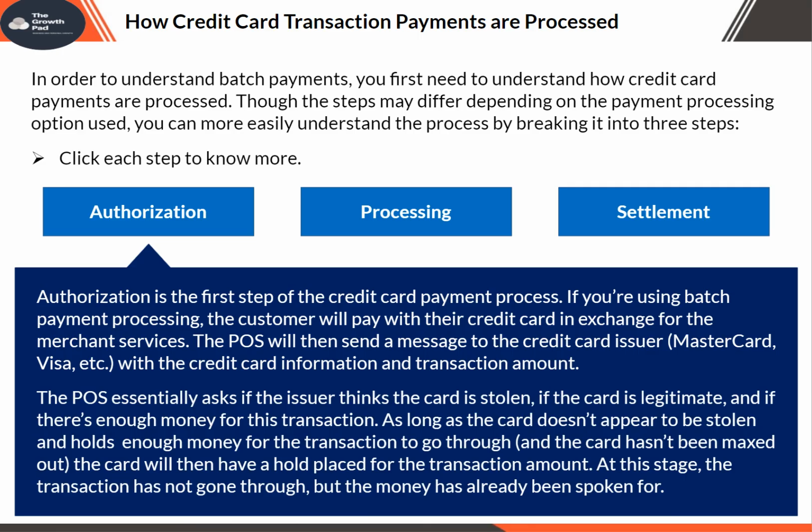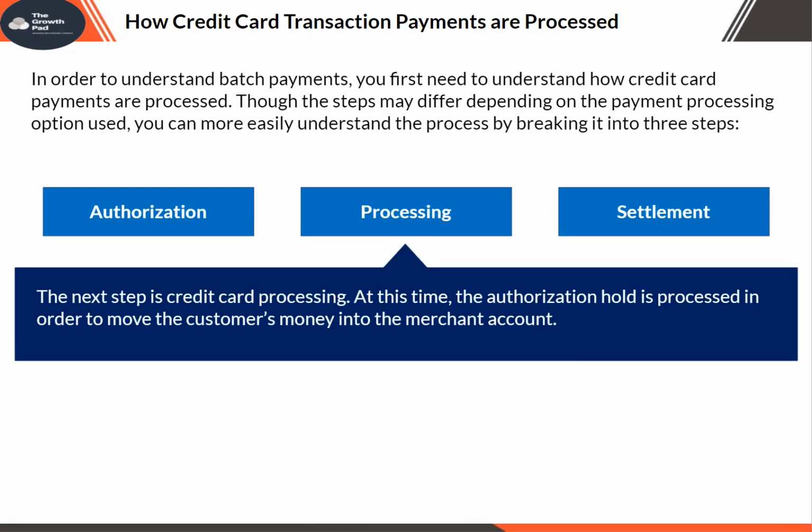The POS essentially asks if the issuer thinks the card is stolen, if the card is legitimate, and if there's enough money for this transaction. As long as the card doesn't appear to be stolen, and holds enough money for the transaction to go through, and the card hasn't been maxed out, the card will then have a hold placed for the transaction amount. At this stage, the transaction has not gone through, but the money has already been spoken for.